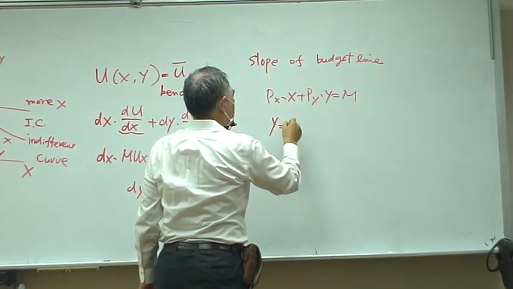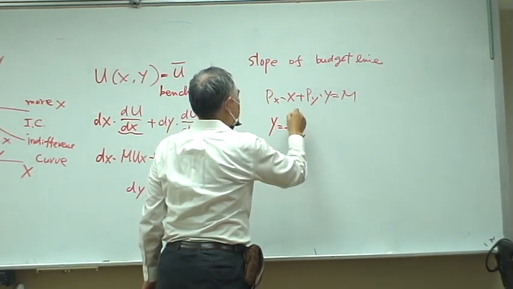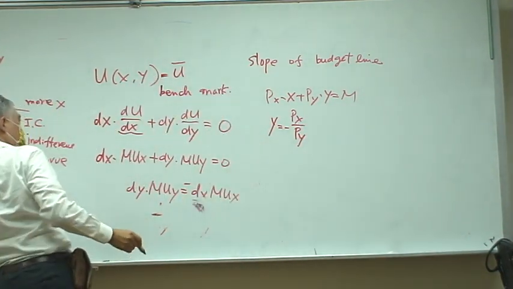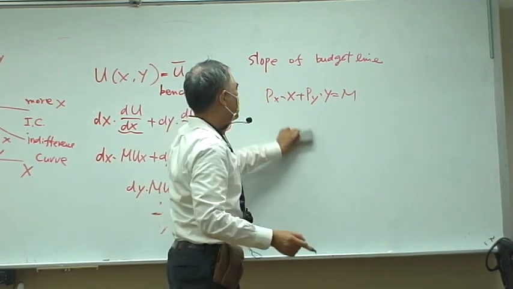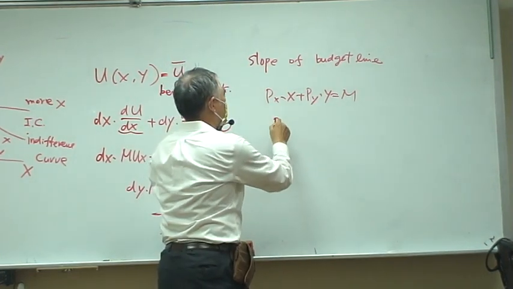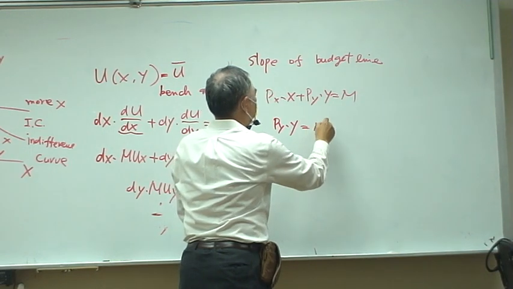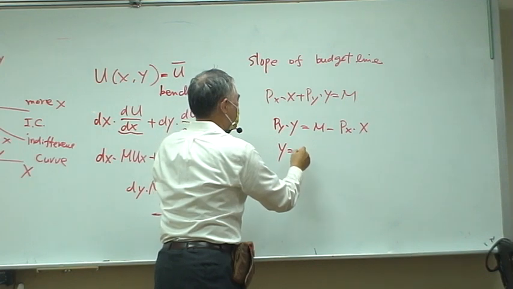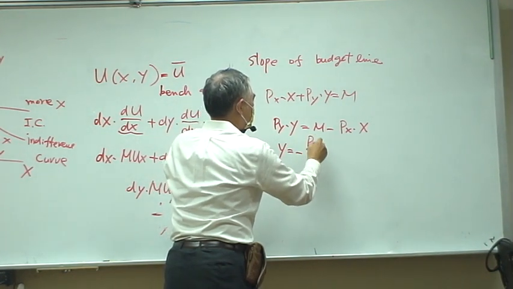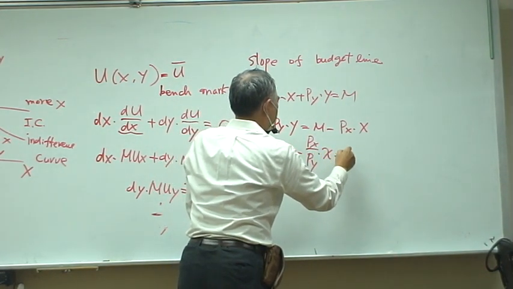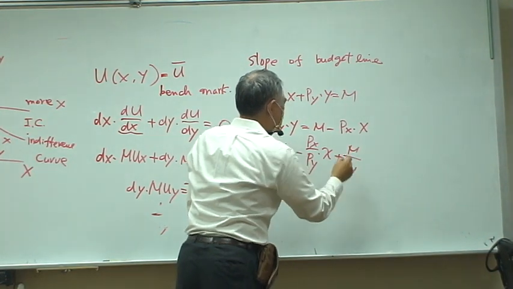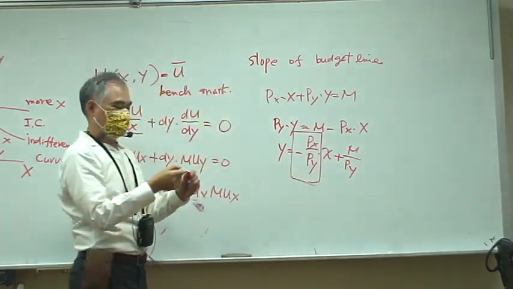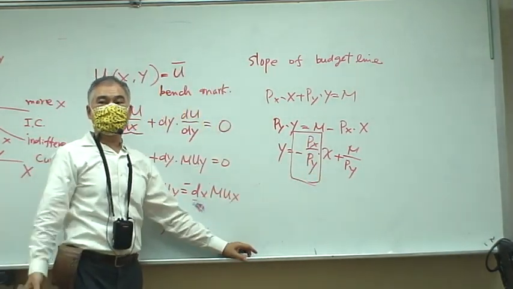So you have py times y equals m minus px times x. So y is equal to negative px over py times x plus m over py. So here is the slope of the budget line, as I told you.